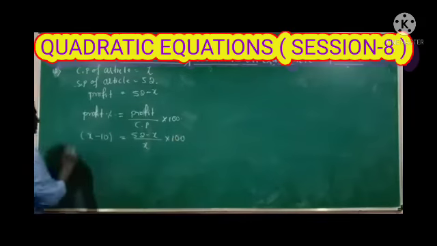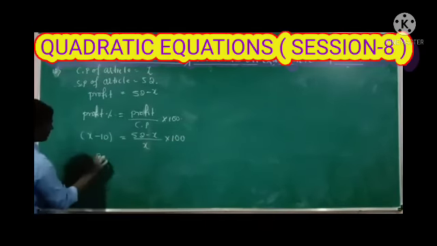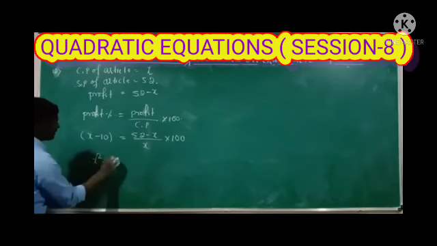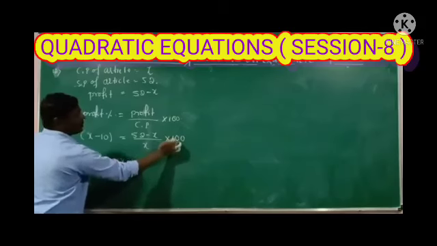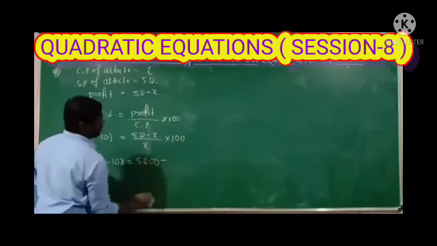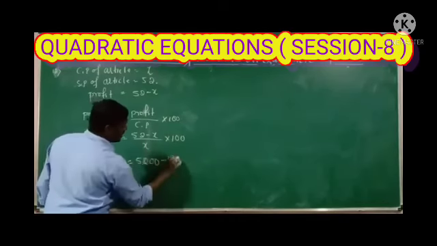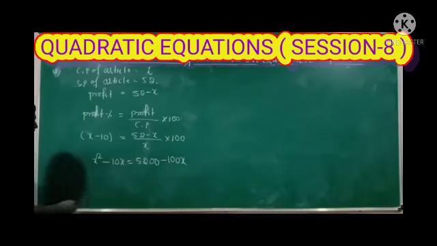Now just cross multiply. X into X is X square, X into minus 10 is minus 10X, which is equal to 100 into 52 is 5200 minus 100 into X is 100X. Now take these two terms to the LHS side.